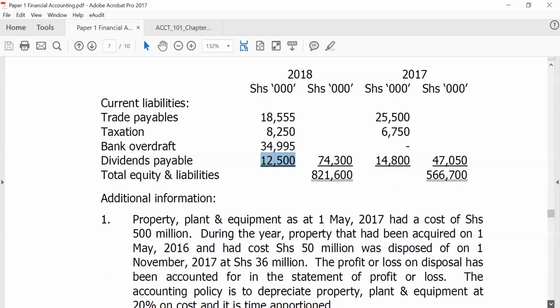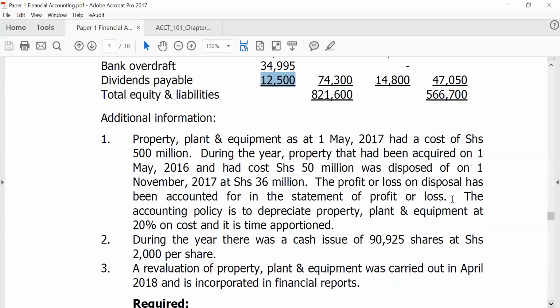And then right here, they give us additional information. They're saying plant, property, and equipment as at 1st May 2017 had a cost of 500 million. During the year, property that had been acquired on 1st May 2016 and had a cost of 50 million was disposed of on 1st November 2017.